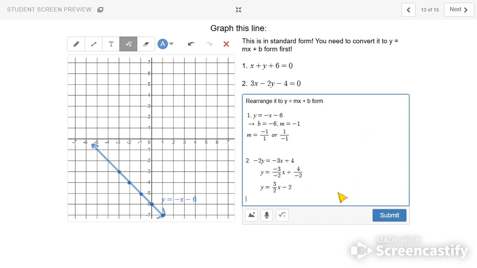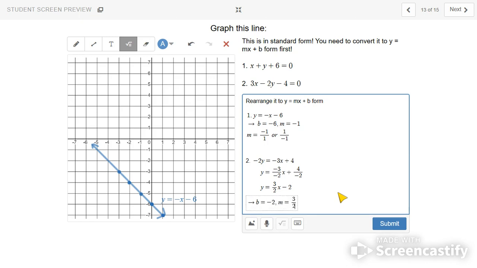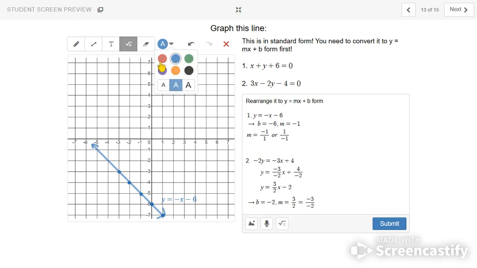Okay, our second line, we have our y-intercept of -2, and the slope is 3 over 2, or we could say it's -3 over -2. I'll use red for this one. Let's start at -2.